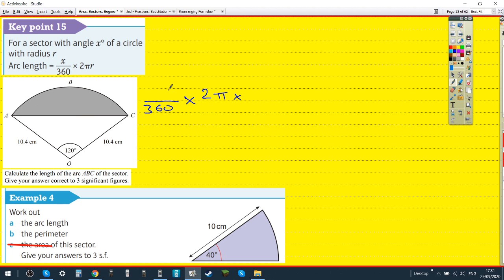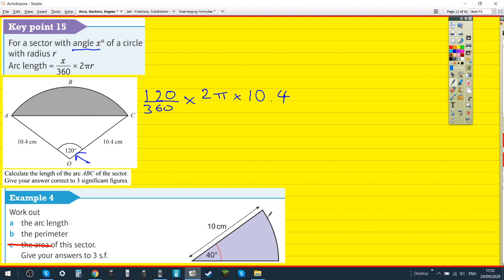What is the angle x? It's 120. And what is r? R is the radius. Yeah, and the radius for this one is 10.4, because that goes from the center to the circle. And you'd put that into your calculator.